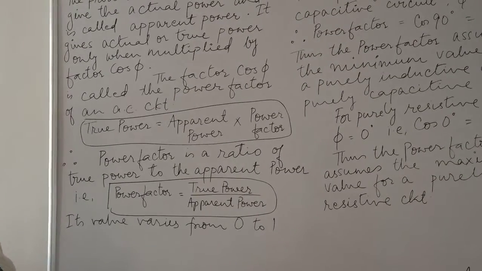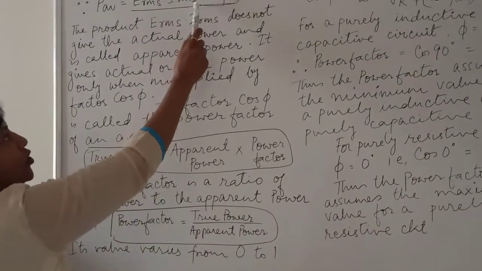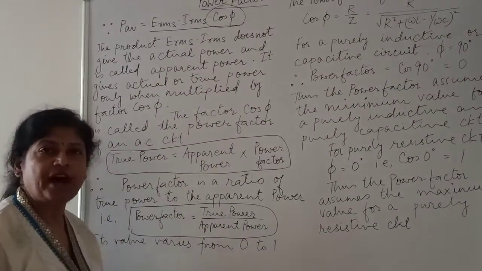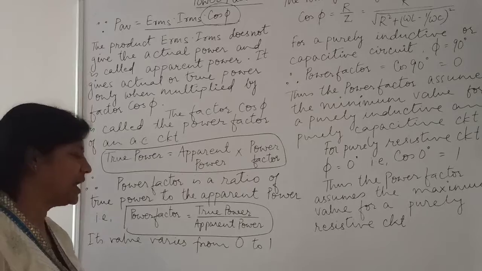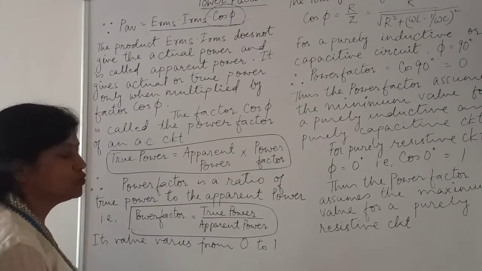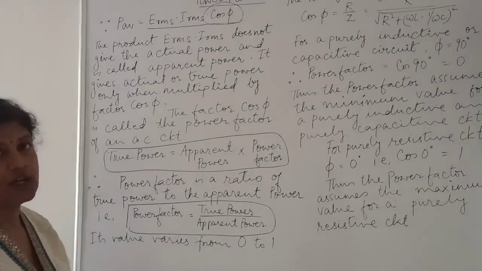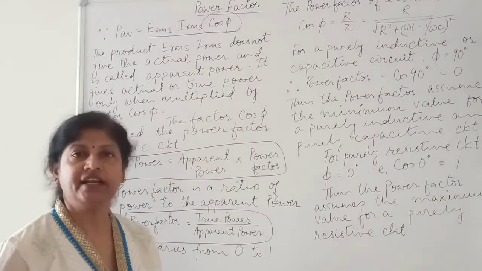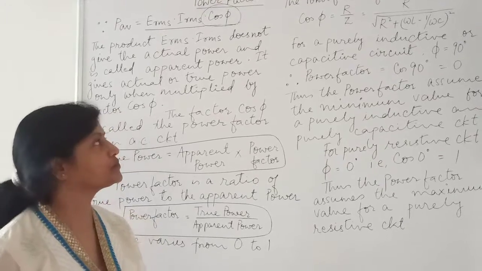Since power factor is cos φ, its value varies from 0 to 1, as cos 0 degree is 1, cos 90 is 0.